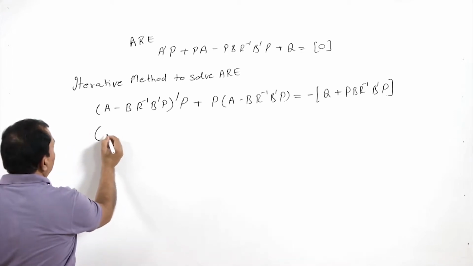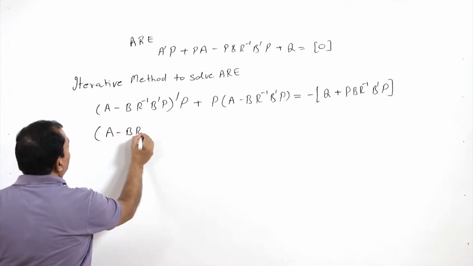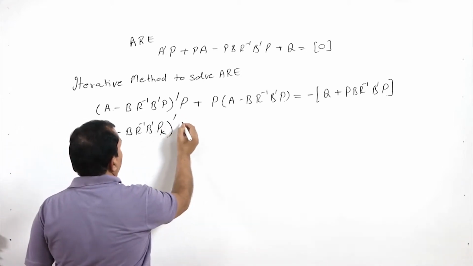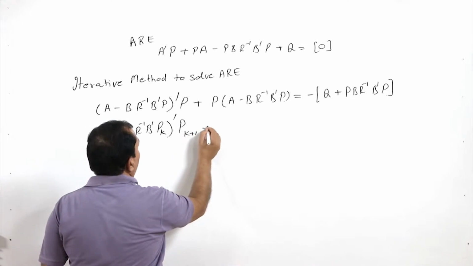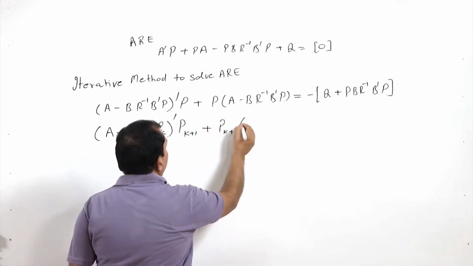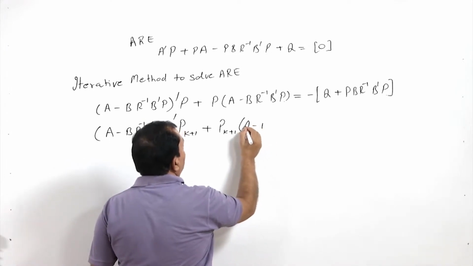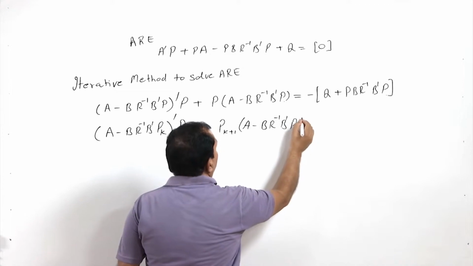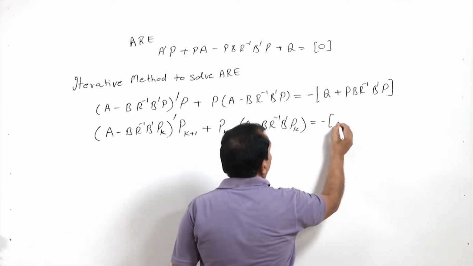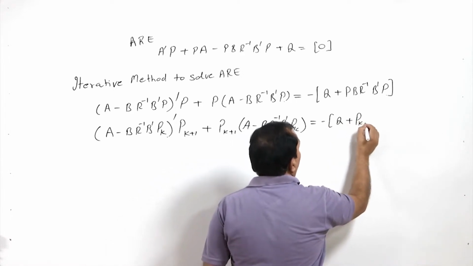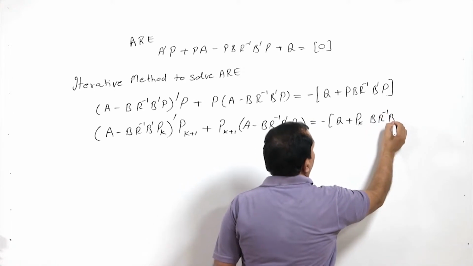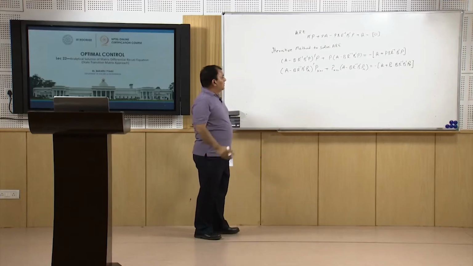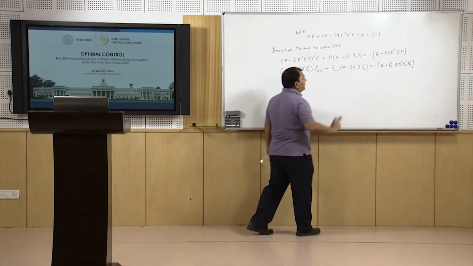This means we write this as A minus B R inverse B prime Pk transpose Pk plus 1 plus Pk plus 1 A minus B R inverse B prime Pk as minus Q plus Pk B R inverse B prime Pk. So, this is my iterative equation.